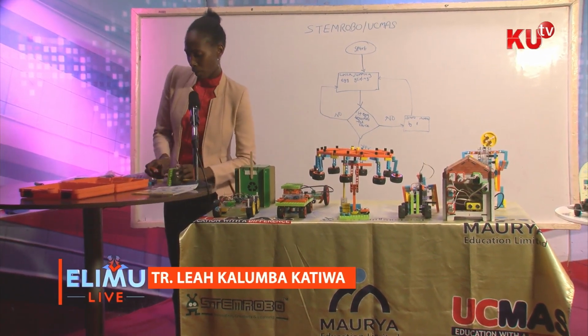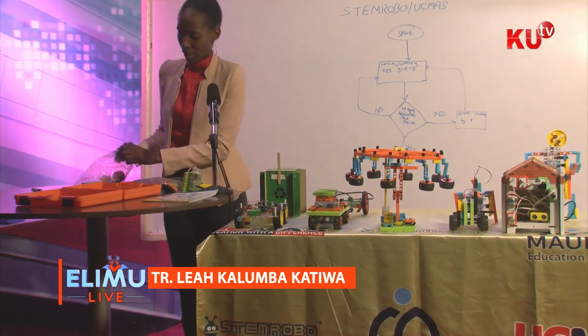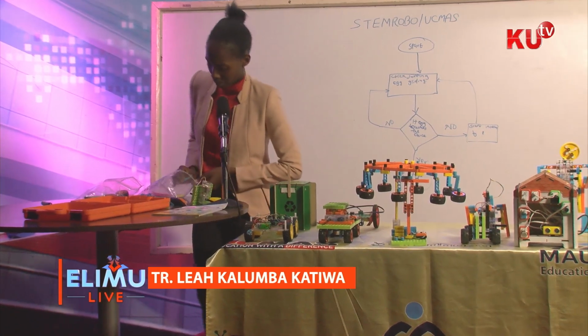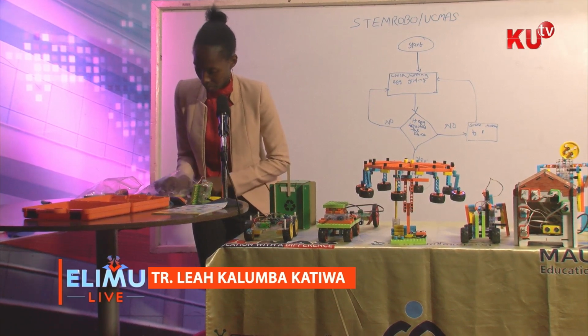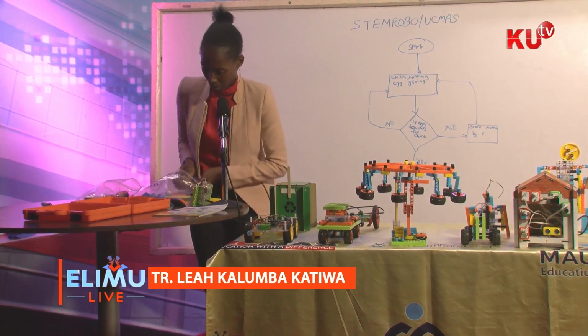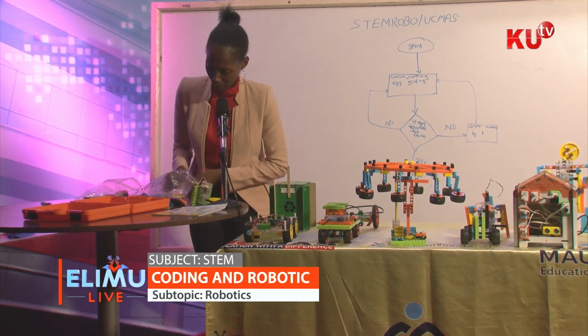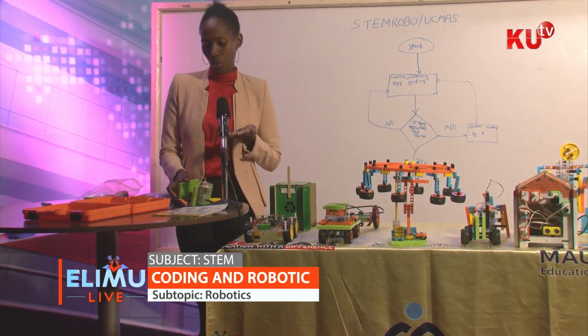Step number 2, I'm going to be joining this green plate to the other green plate here. So I need these black pieces here, 3 of them. I'm going to be using these apparatus to join this one here.